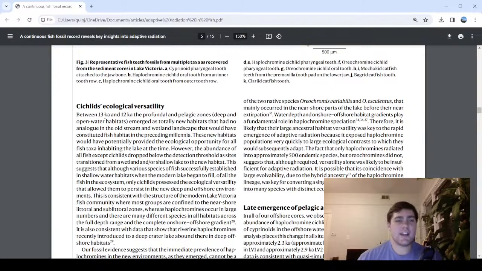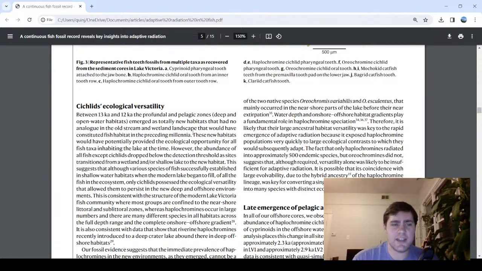The cichlids' ecological versatility. Between 13 and 12 Ka, the profundal and the pelagic zones, deep and open water habitats, emerged as totally new habitats that had no analog in the old stream and wetland landscape that would have constituted fish habitat in the preceding millennia.